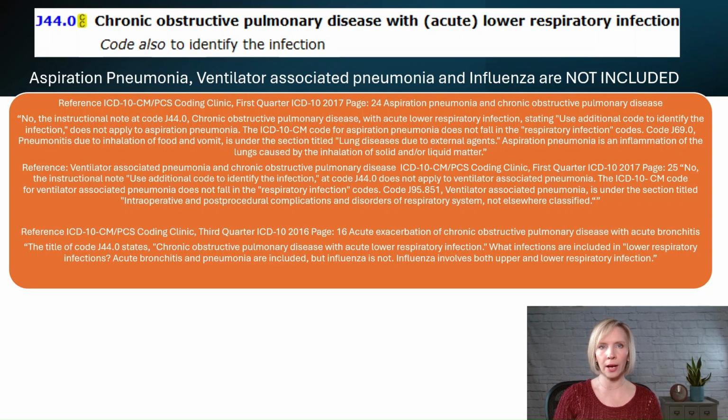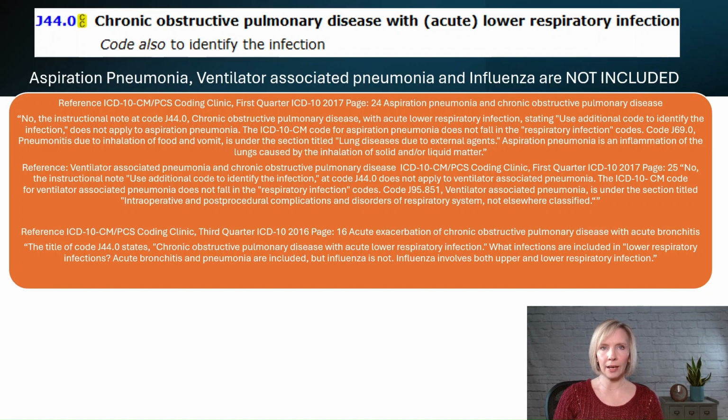It's important to note that besides clarifying which infections are included in the code for COPD with lower respiratory tract infection, Coding Clinic has also identified certain conditions as not being included in this code. For instance, influenza is not included because influenza involves both upper and lower respiratory infection. Additionally, aspiration pneumonia and ventilator-associated pneumonia have been clarified as not being included in this code.